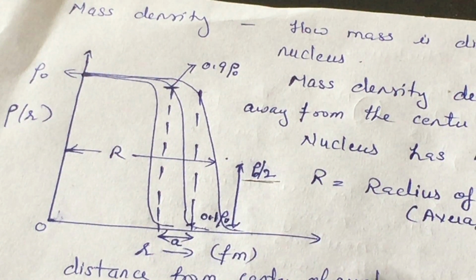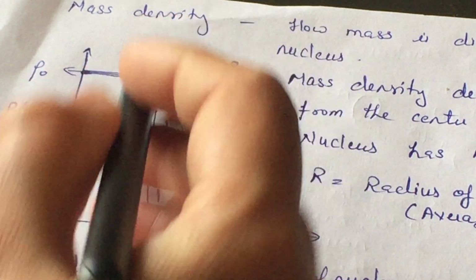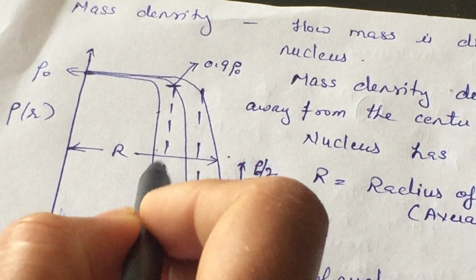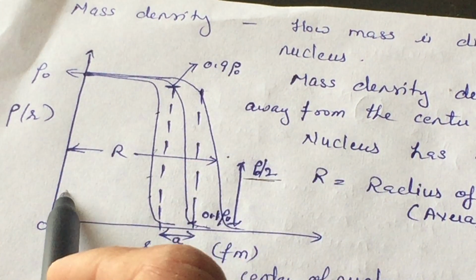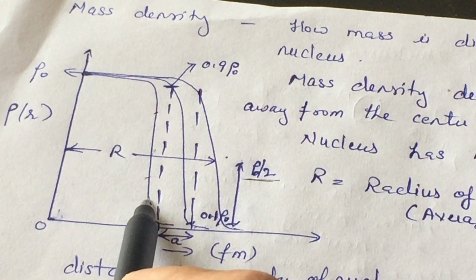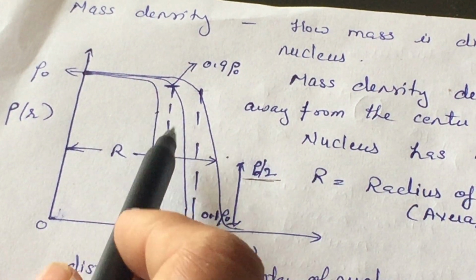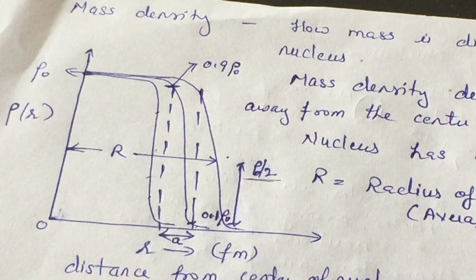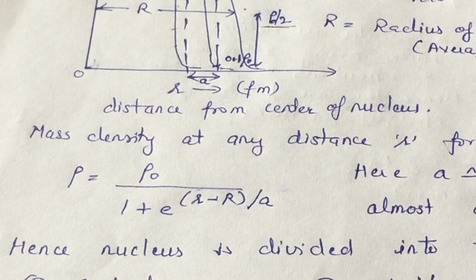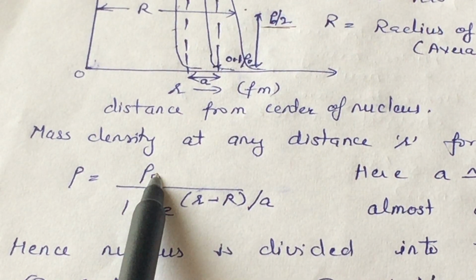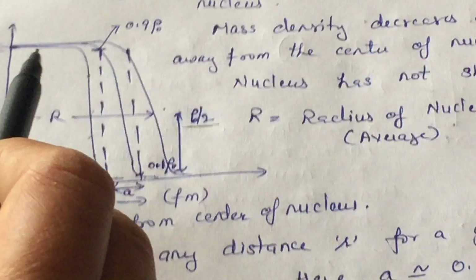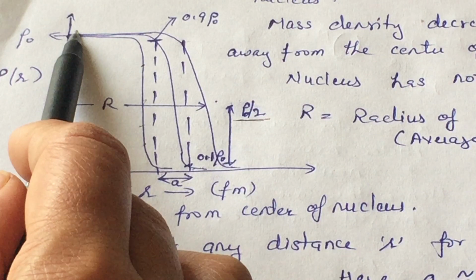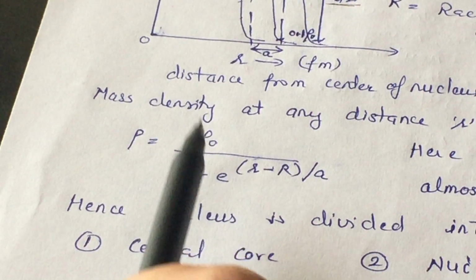It means as we increase the distance from the center, we can find the different mass densities and how they are related. This is the maximum mass density, which we are indicating in this equation.